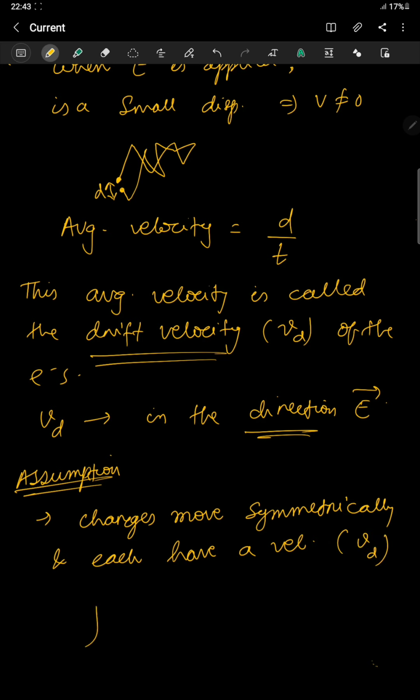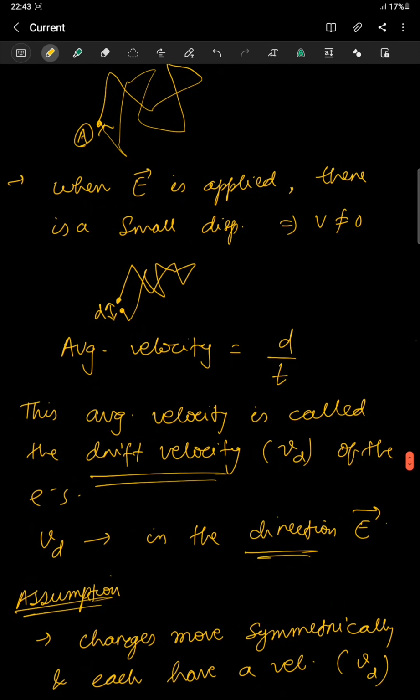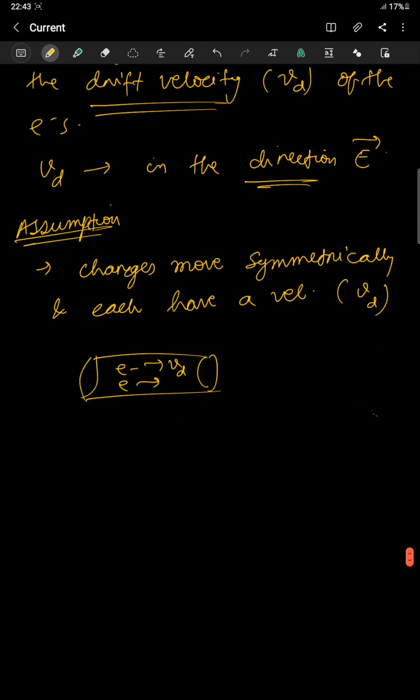If you look at the picture, in this conductor all the electrons move with Vd velocity. So this is the basic understanding before getting into the derivation of the current expression, the meaning of drift velocity, and the assumption we have to take.